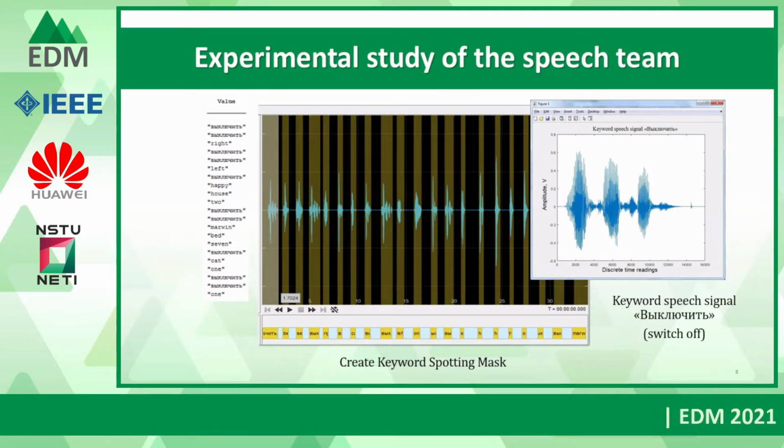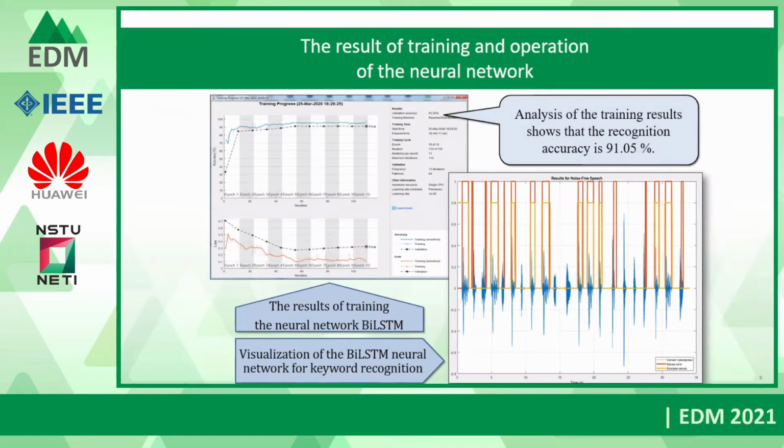The signal mask is shown on this slide. After that, the neural network was trained. The analysis of the obtained learning result showed that the keyword recognition accuracy is 91%. Also on this slide, on the right, the result of keyword recognition is shown in the red graph.